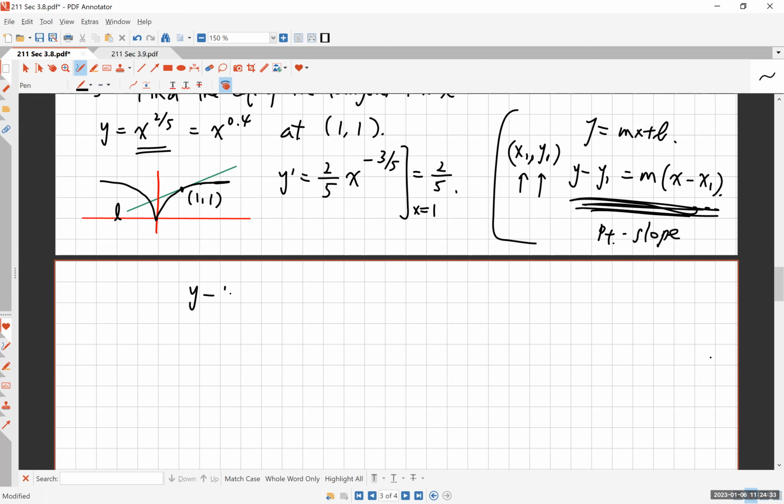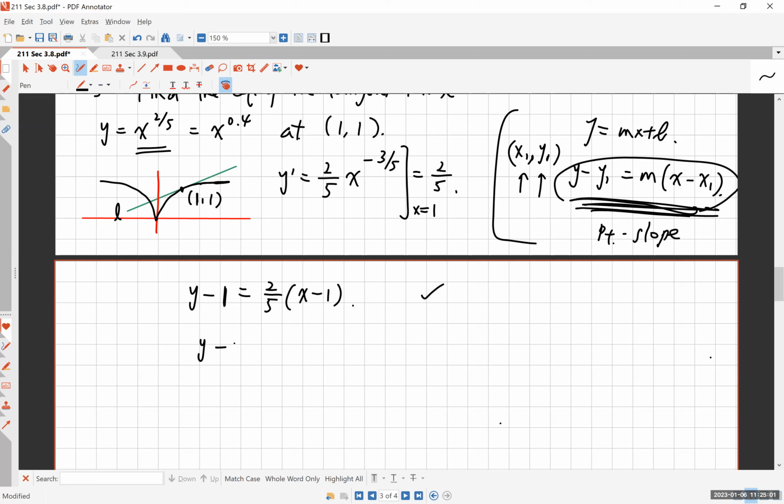What's the answer here? y minus 1 is equal to 2/5 times (x minus 1). Remember, I'm using this point-slope formula: y minus the y value of the point is equal to the slope times x minus the x value of the point. So this is a fine answer. If I ask you to find an equation of the line L, this is okay.